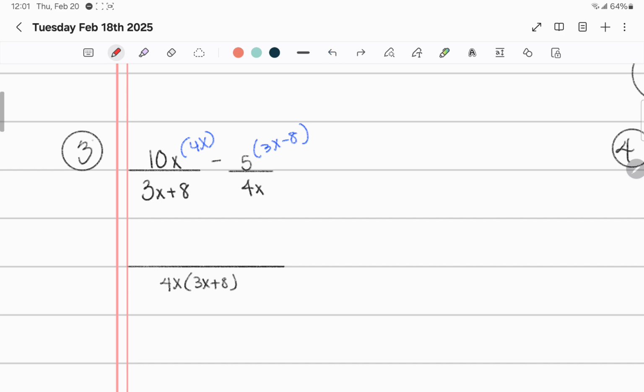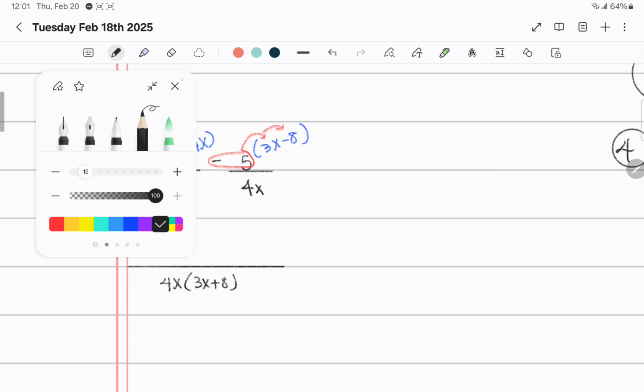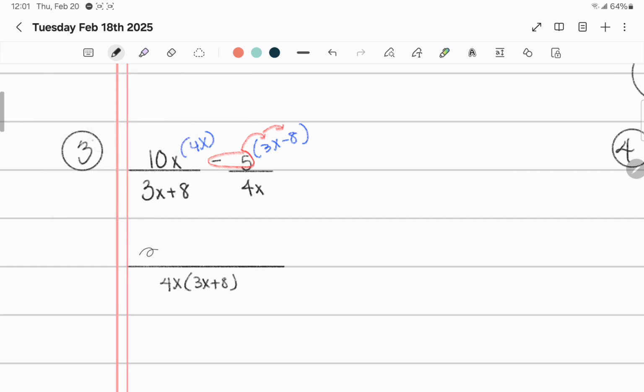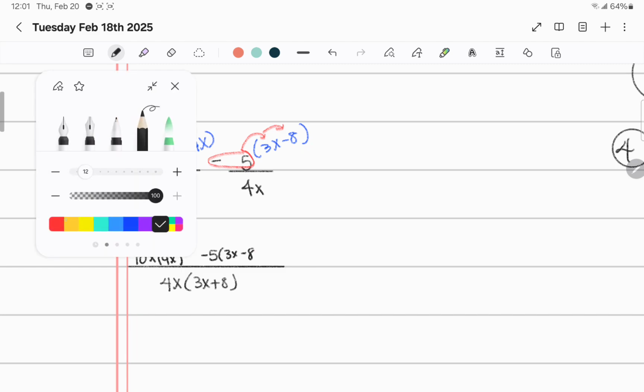Or just remember that we're multiplying a -5 when we distribute. So for the top, we're going to rewrite it. So we have 10x times 4x. And then we have -5 times 3x minus 8. I guess it's better to rewrite it like that with the negative sign close.